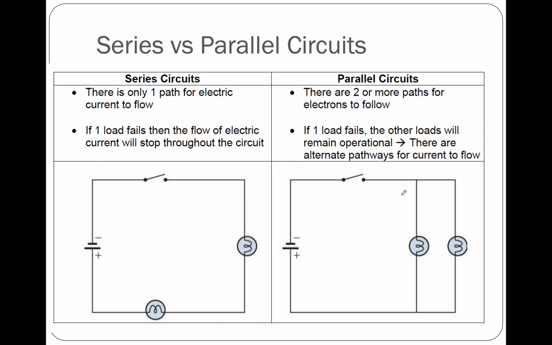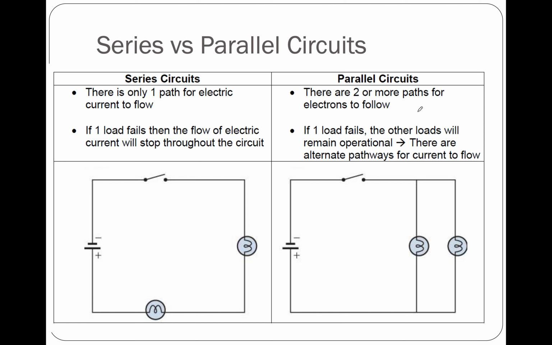If we were to put this switch along one of these parallel paths, so putting a switch over here, you notice that if we have an open switch on this pathway, if this switch were gone, then this light bulb here would still light up because the switch now is connected in parallel. But as the way it's drawn, this switch is not in parallel. It is in a parallel circuit, yes, but it is not connected in parallel. Hopefully, seeing the difference in there will be helpful for it.